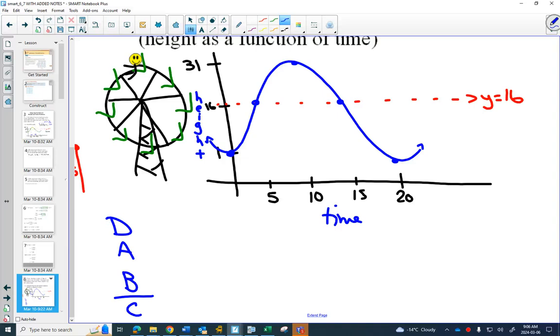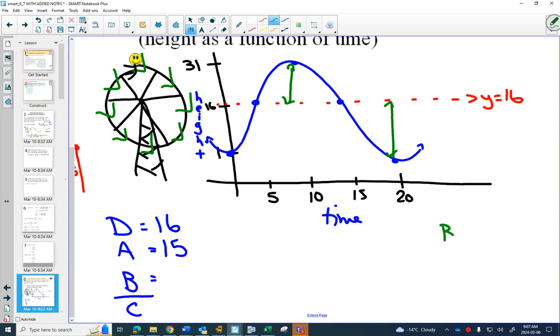Can we see our center line? Absolutely. Our center line is 16. Our amplitude, our A value, is the distance from our center line to a maximum or from our center line to a minimum. What distance is this or this? That's exactly the radius of our Ferris wheel, so that will be 15.